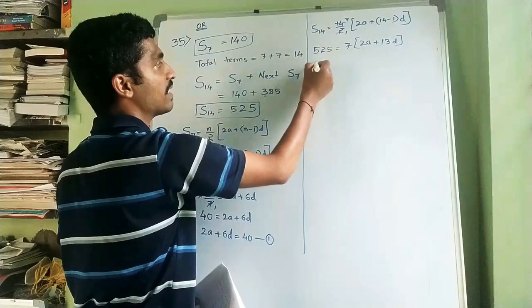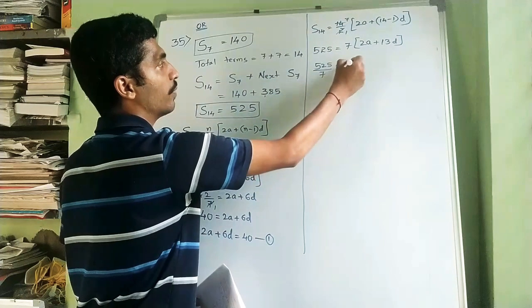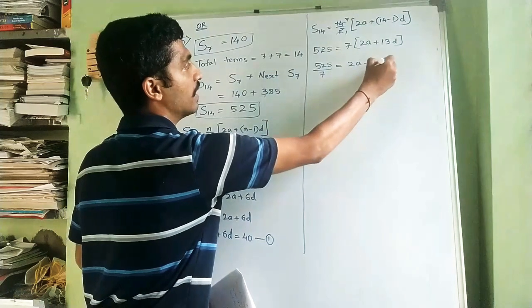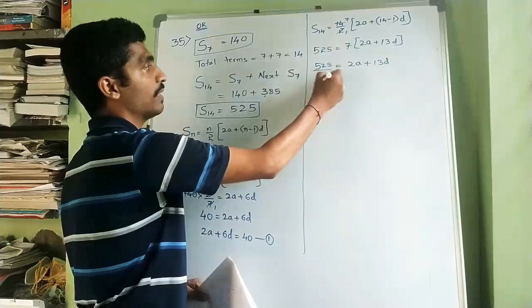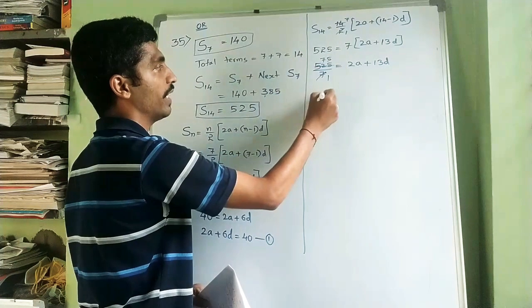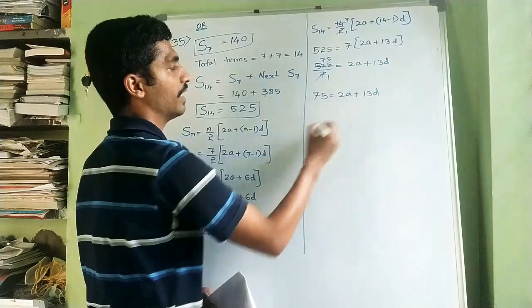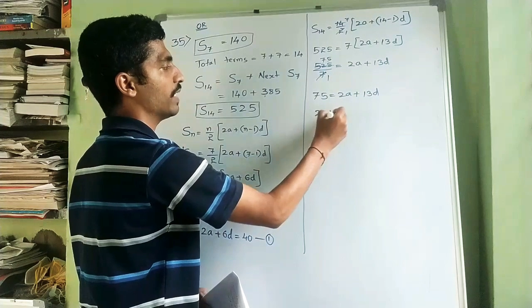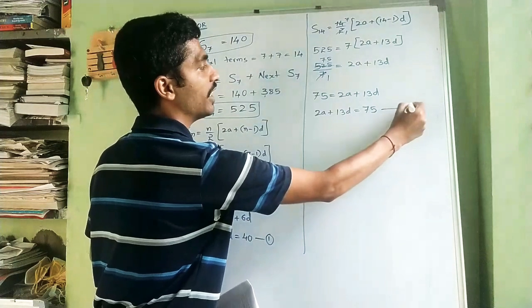Okay, take this 7 this side. 525 divided by 7, here we will get 2a plus 13d. Okay, so 7 ones are 7, 7 sevens are 49, 7 fives are 35. So here we got 75 equal to 2a plus 13d.